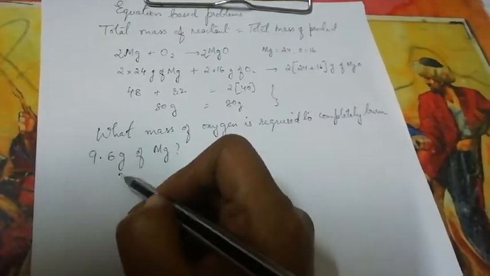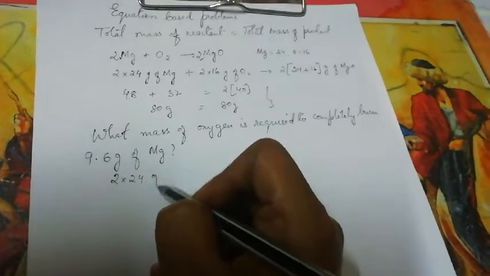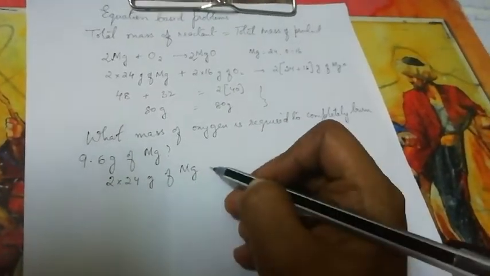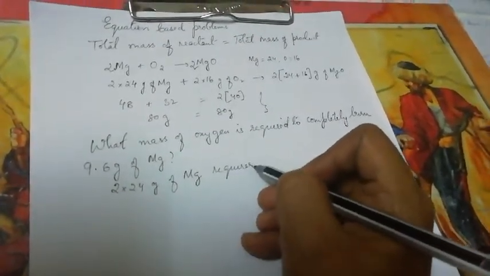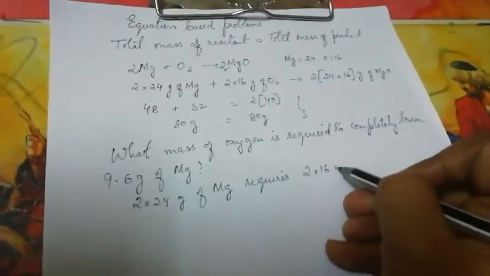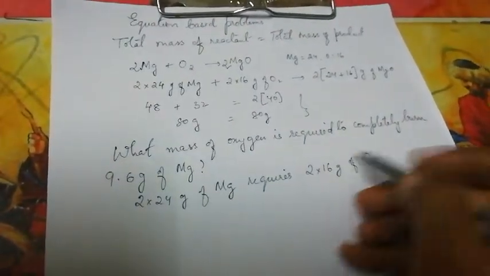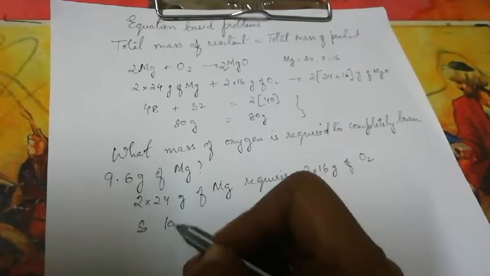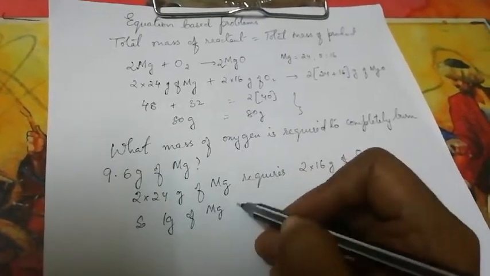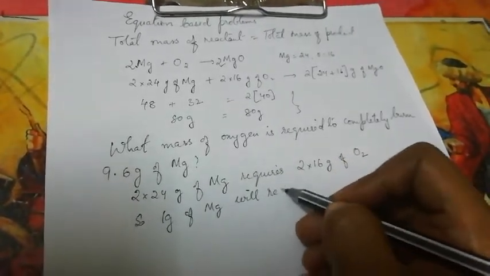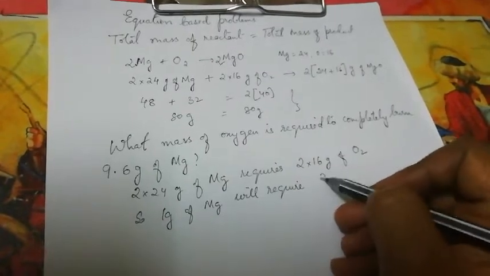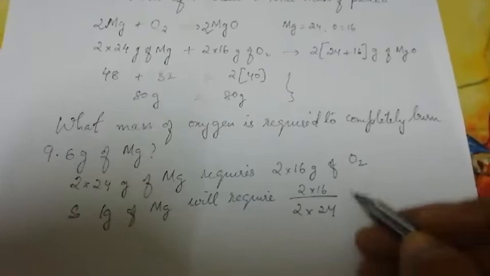So how will you proceed? 2 into 24 grams of magnesium requires 2 into 16 grams of oxygen. So 1 gram of magnesium will require 2 into 16 divided by 2 into 24 grams of oxygen.